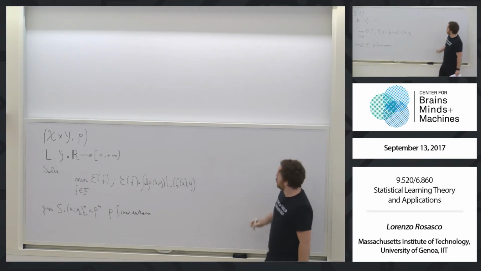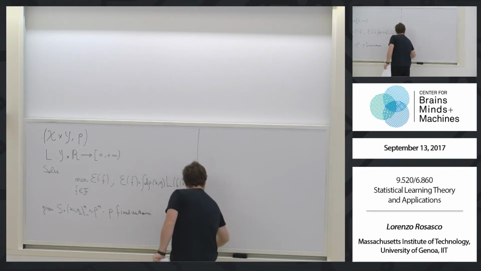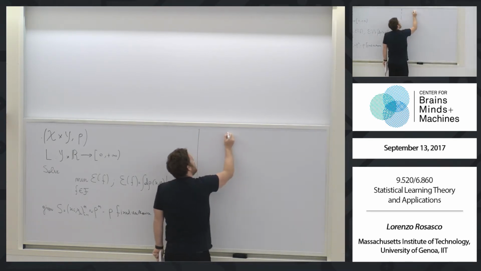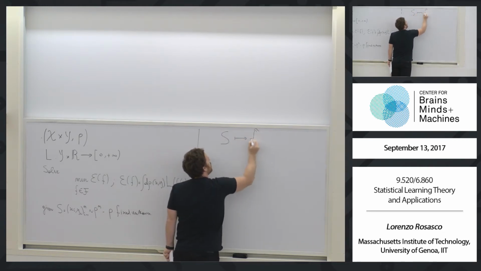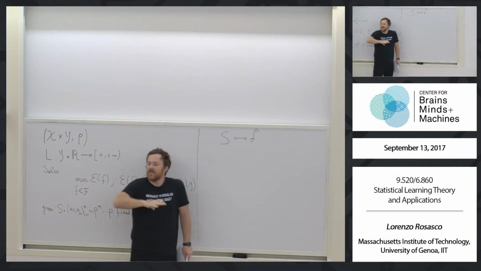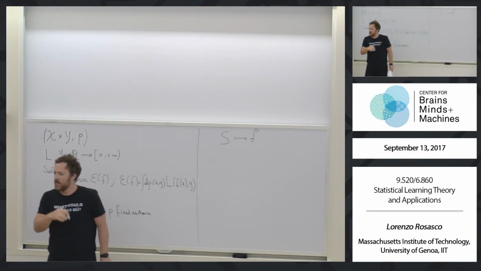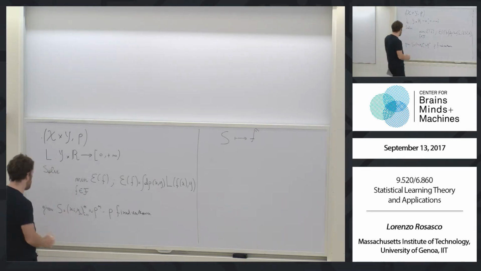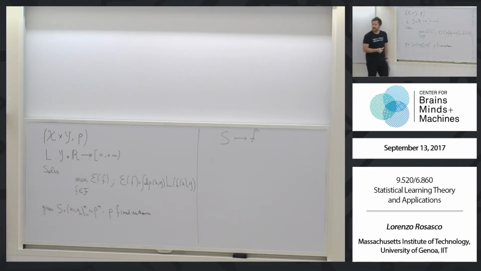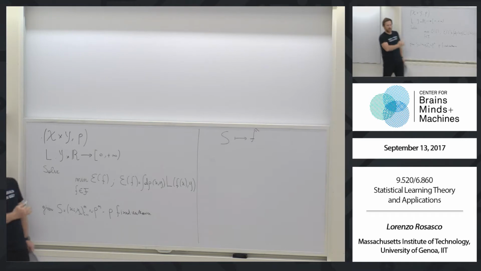So what do we mean by solving this problem? And what do we mean by a solution? Well, very broadly speaking, we are interested in maps from the data to some function, some estimates. Again, when you see a hat or n, it's typically some estimate from the data. S here is just a sample, what we sometimes call the training set. We're interested in some map like that.